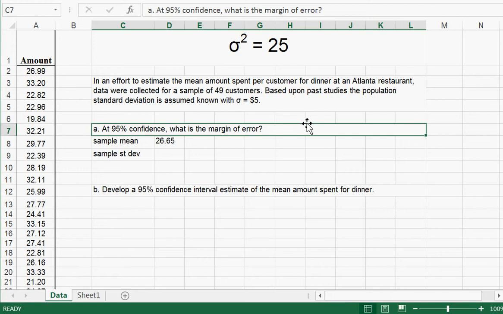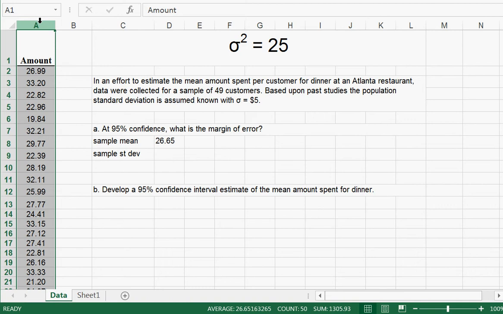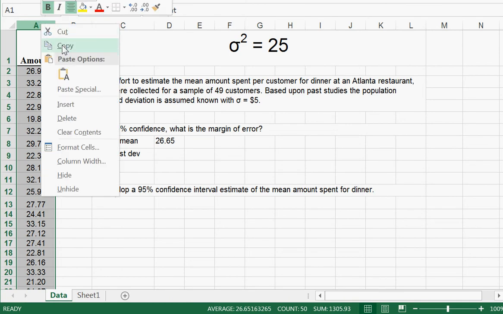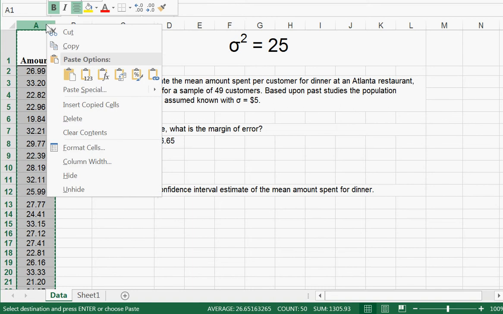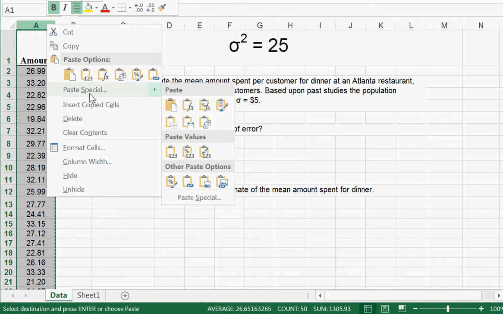Now, in order for you to not continuously randomly sample this population in a simulated way, what I want you to do is click on column A, right-click, copy, and then right-click on column A again and pick Paste Special.